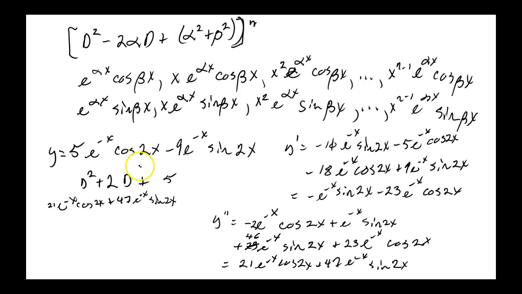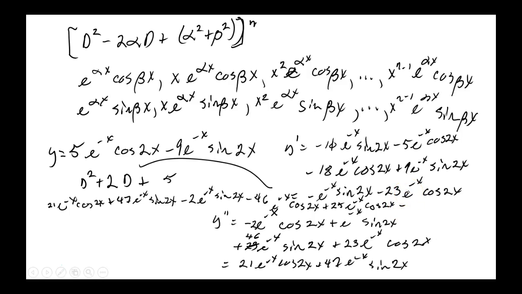Okay, plus 2 times the derivative, which was that one, so that's going to be minus 2e to the minus x sine 2x minus 46 e to the minus x cosine 2x plus 5 times the original function, which is plus 5 times 5 is 25 e to the minus x cosine 2x minus 45, 5 times 9, e to the minus x sine 2x. Okay, I think that's got them all.